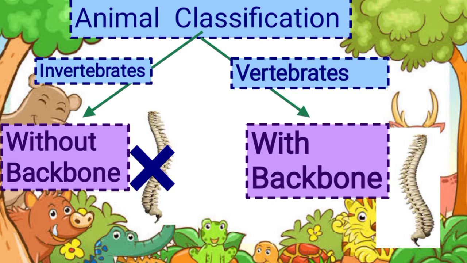Now let's understand animal classification on the absence or presence of a backbone. Humans like you can move because your body is supported by an internal skeleton which works as a support structure for your body. It gives the body its shape and allows movement. But not all animals walk and run around like humans.